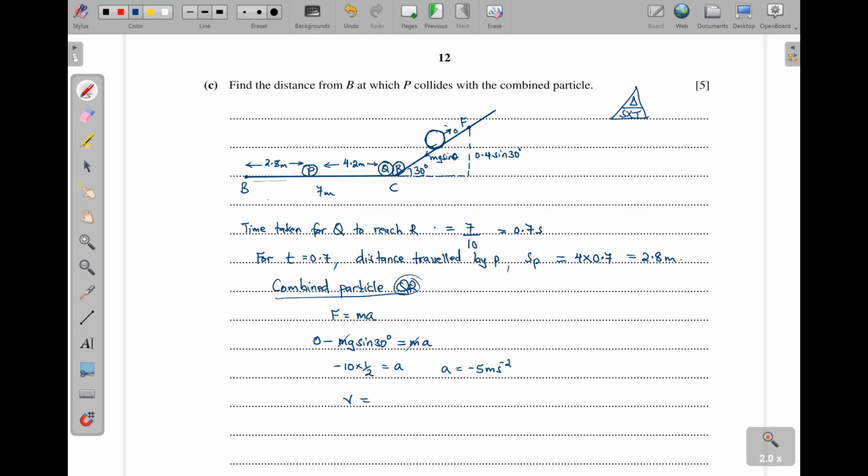So using v, which is equal to u plus at, we can have the final, because it is coming to rest, okay? Remember, it goes up and comes to rest at F, then comes back, okay? Let me even put this as QR. It goes, and let me take away the F here.